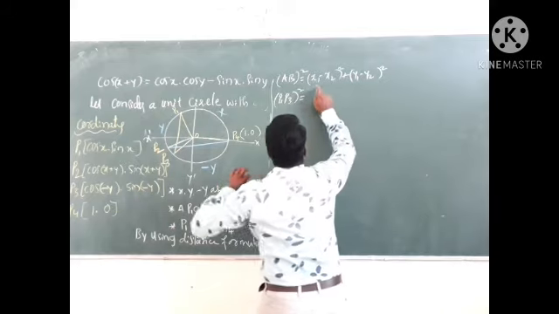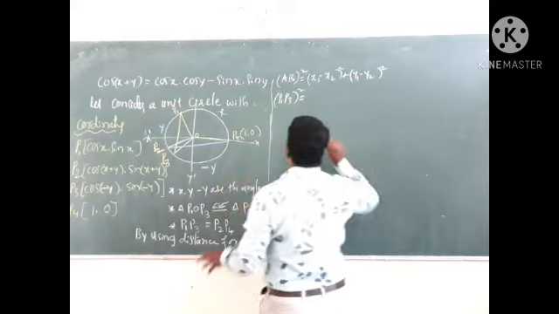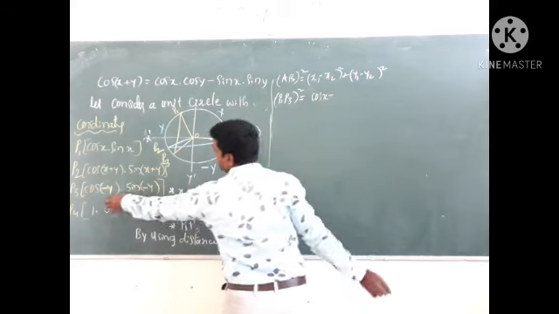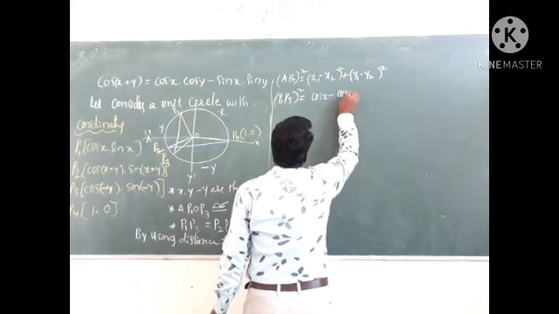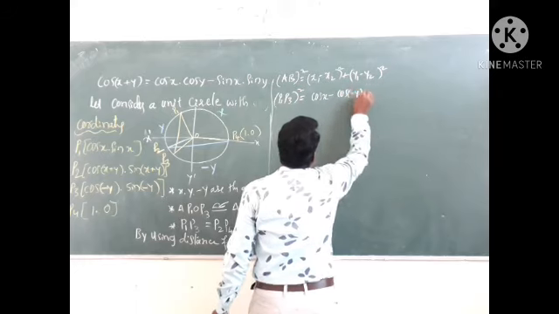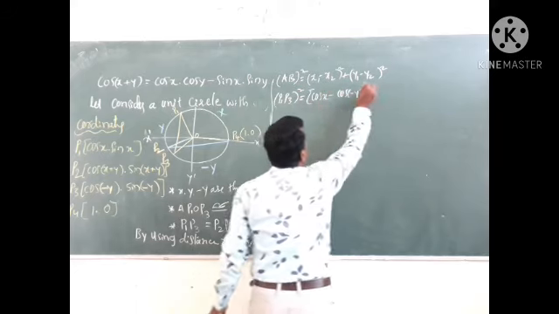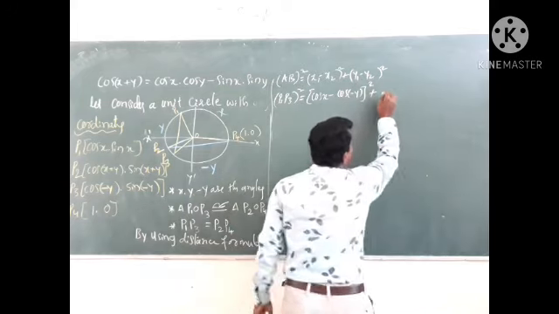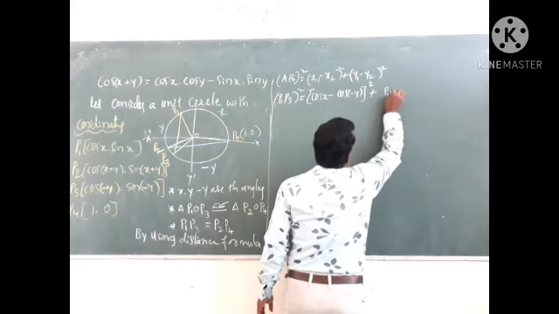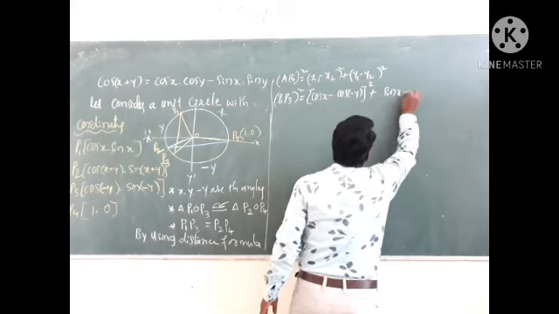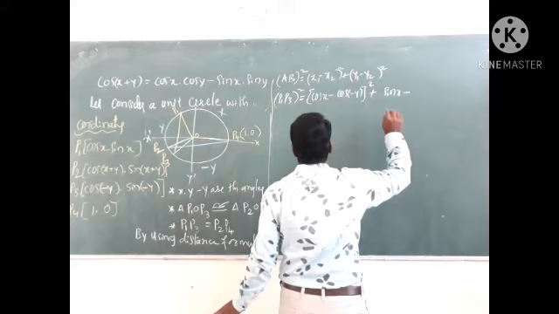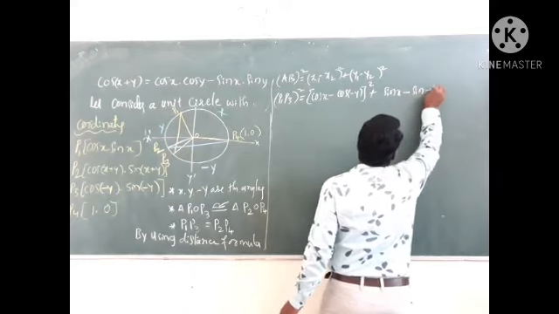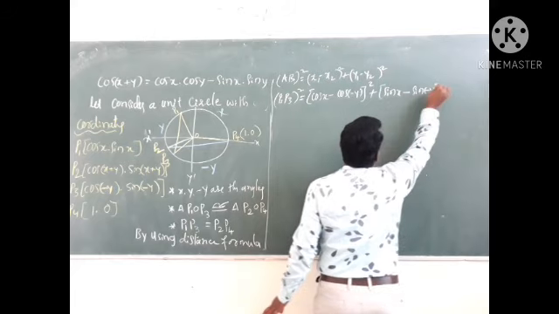Now x1 minus x2: cos x minus cos(minus y) whole square plus y1 minus y2: sin x minus sin(minus y) whole square.